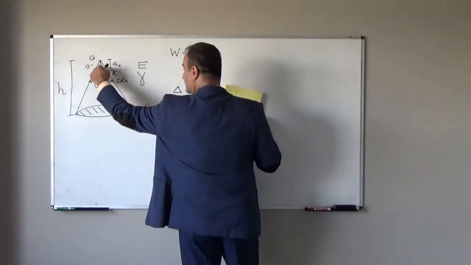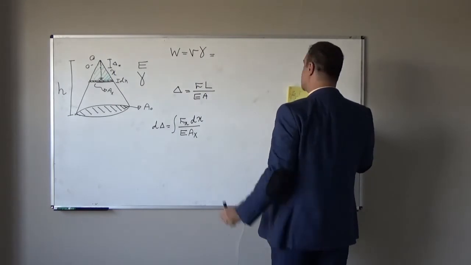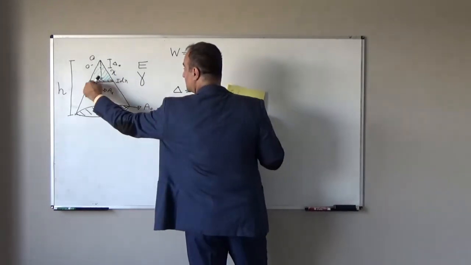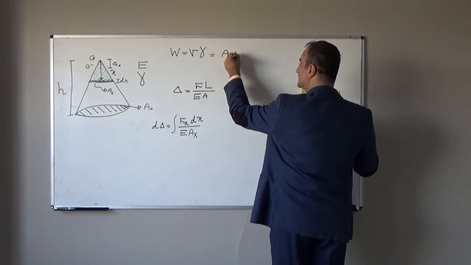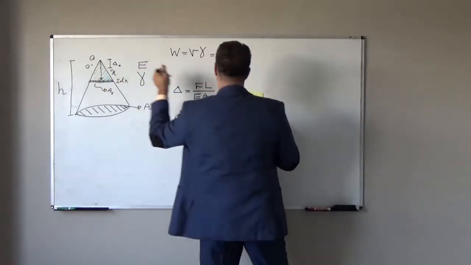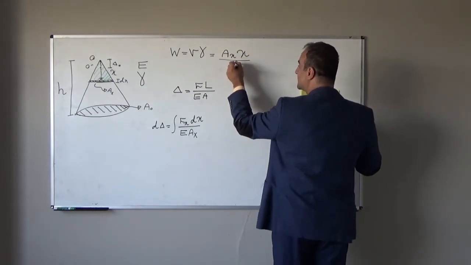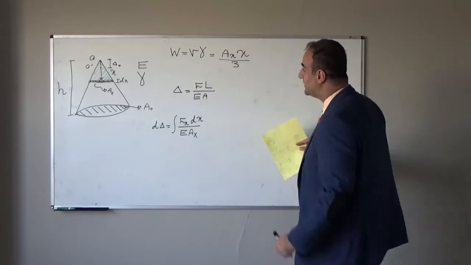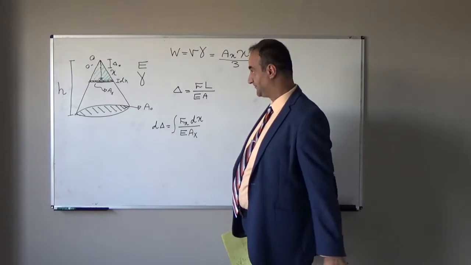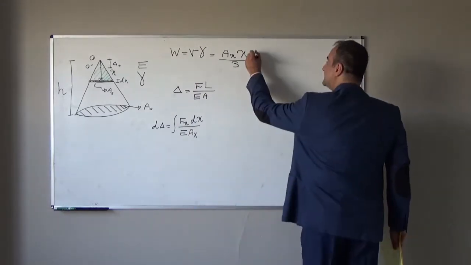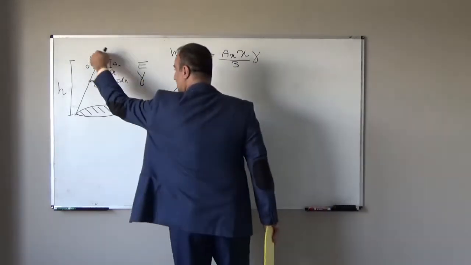Volume from tip up to here will be equal to cross-sectional area here, which is Ax, times the height, X, divided by 3. That will be the volume of this green cone, times unit weight, gamma, will be the weight of this part I'm cutting.